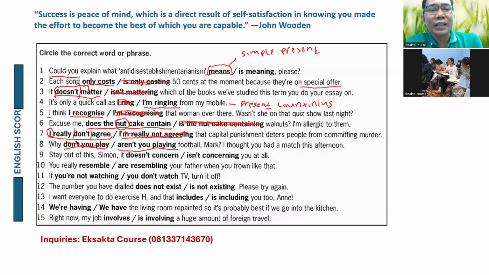We can underline "had a match" and "this afternoon." Use had. So our answer for number eight: "Why aren't you playing football, Mark? I thought you had a match this afternoon." So it is present continuous.